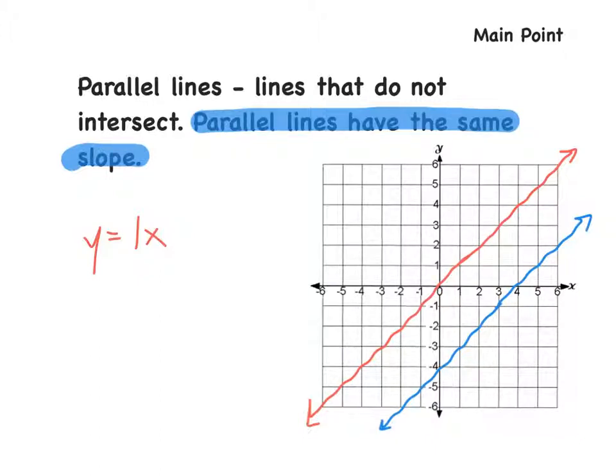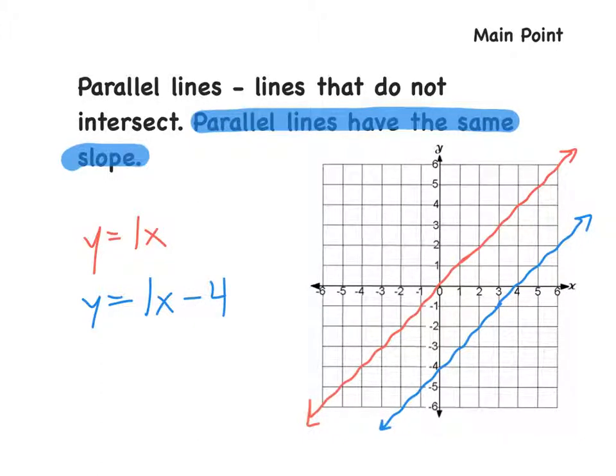Now, let's look at the slope of the blue line. For the blue line, we would have y is equal to, figure out the slope from any point, rise 1, run 1. So that's 1 over 1, which is the same as 1x. It crosses the y-axis at -4. So this would be -4.